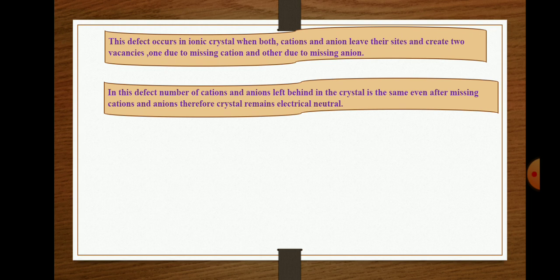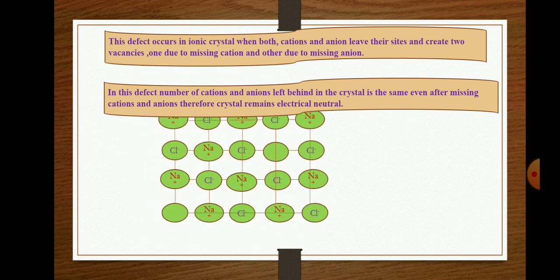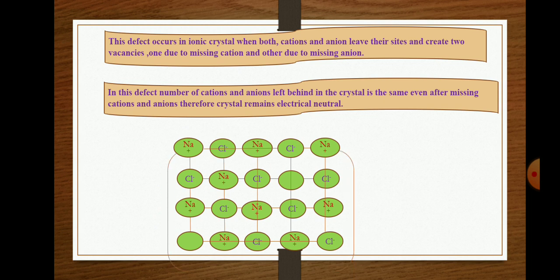Now we learn these both conditions. Now students, see this picture. It is an NaCl crystal lattice where each site is occupied by Na+ and Cl-.